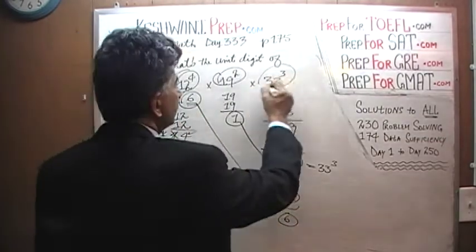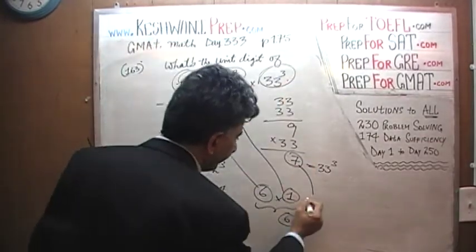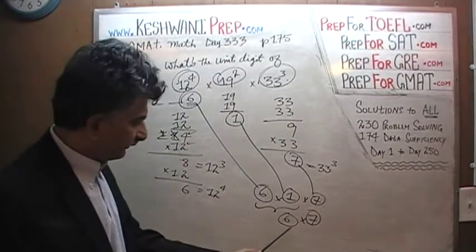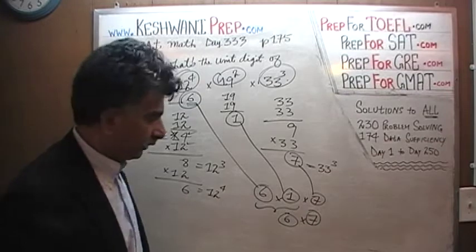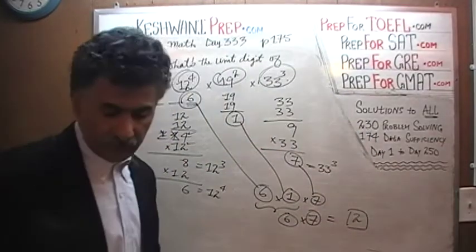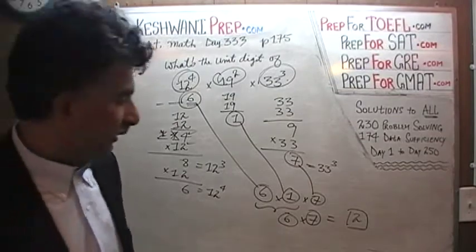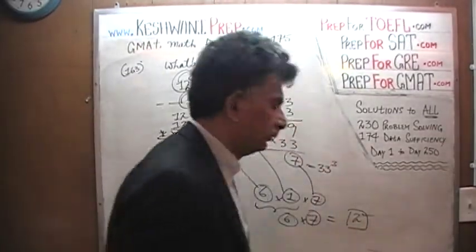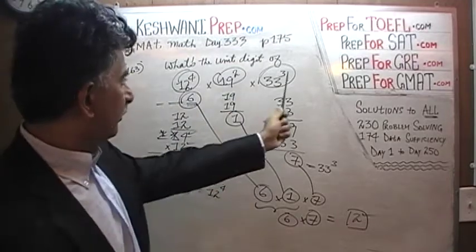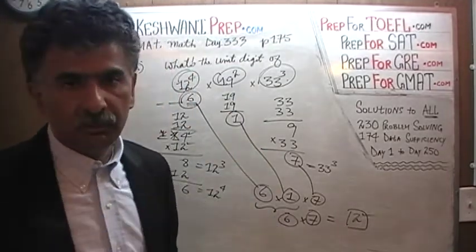And then you take 33 cubed, which ends in a 7. 6 times 7 is 42. So the final answer, when you finish doing the entire multiplication, is going to end in a 2. And that was the question. What's the unit digit of this quantity? The answer is 2.